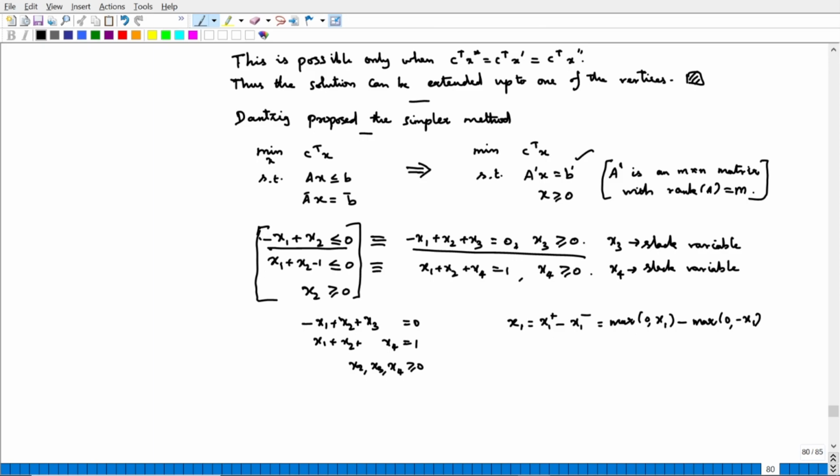Okay. So, now I will write these constraints as follows: wherever you have x1, you have to replace it with x1 plus minus x1 minus.